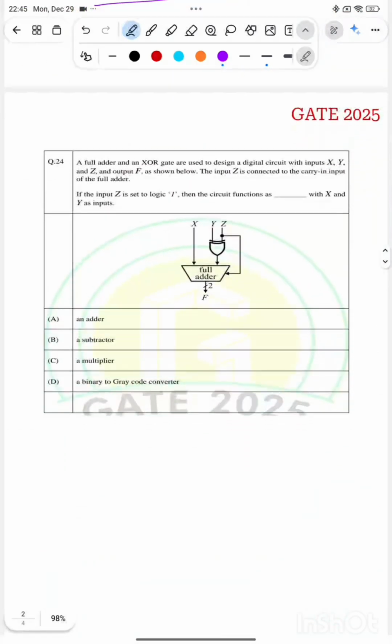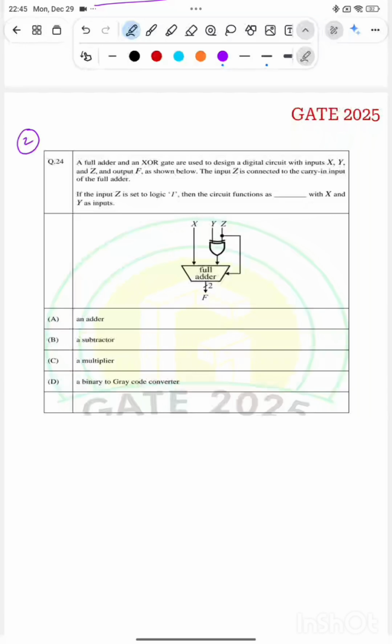Now second question of today's lecture. This is again from GATE 2025. A full adder and an XOR gate are used to design a digital circuit with input x, y and z. The output is f as shown below. The input z is connected to the carry in input of the full adder.